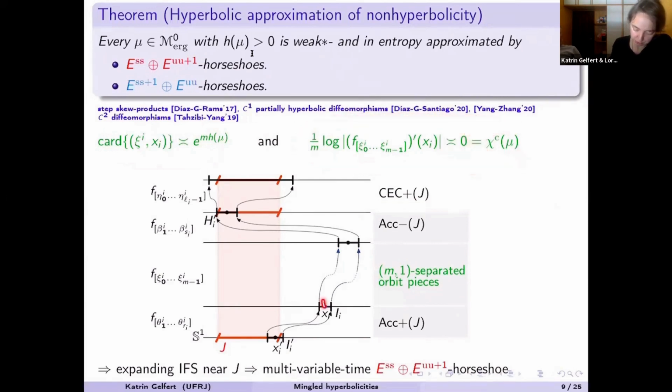So you have in your system a bunch of orbits, and here I draw the orbit of a point in this circle by the corresponding map in the iterated function system. Along this piece of trajectory, you see roughly exponent 0.